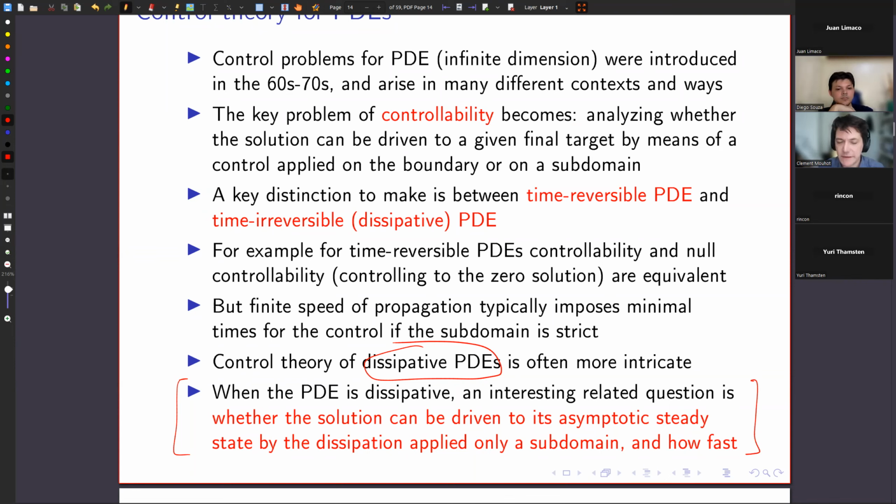They will be dissipative because of the effect of collisions, whether the collisions are modeled like shocks between balls or in a more diffusive way, but my equations will be dissipative. And I will be looking at this question: whether we can prove that the solution is driven to the equilibrium when the collision, the dissipation effect, is only occurring in a subdomain.